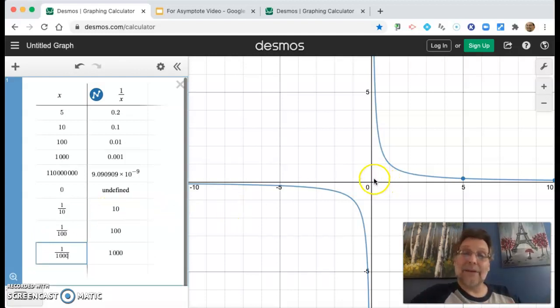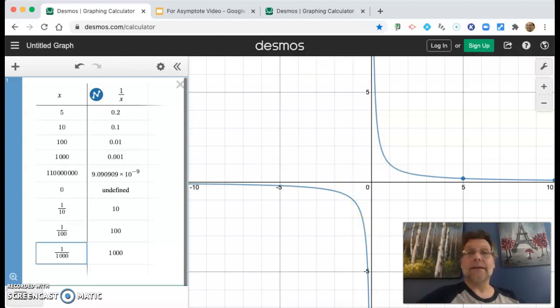So just a little bit over, and it's way up there. It's screaming up there, that big graph. Yet it'll never hit the y-axis either. Again, when I put in 0, I got undefined. It wasn't able to graph it out. So in this direction going up, and in this direction going down, all those ways, it's getting really close to the axis but never hitting it.